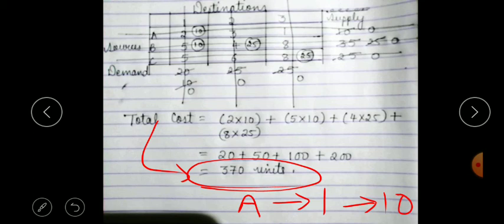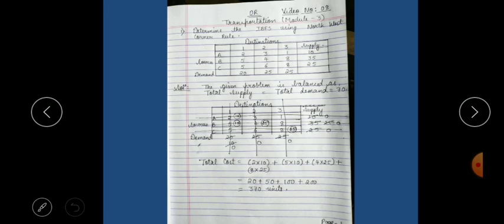Similarly, from B to 1, 10 items. From B to 2, 25 items, and from C to 3, 25 items. This is how your transportation schedule will be there. So this is the last thing, and the entire problem is solved and shown here.